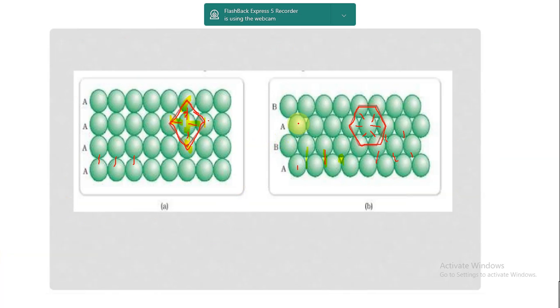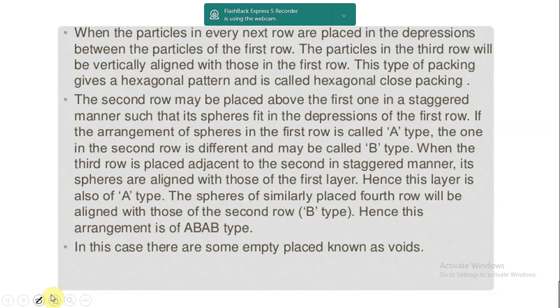This is my third row, so this is vertically aligned with the first row. This is vertically aligned with the first row. This is vertically aligned with the first row. So the particles of the third row are vertically aligned with those in the first row. This type of packing gives a hexagonal pattern and is called hexagonal closed packing. We just saw it, no? Hexagonal shape was getting formed.